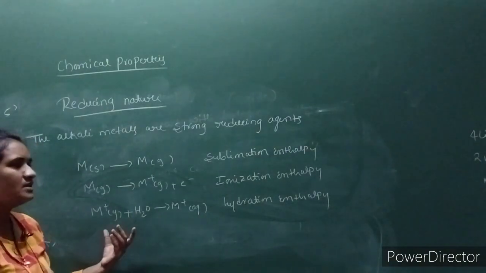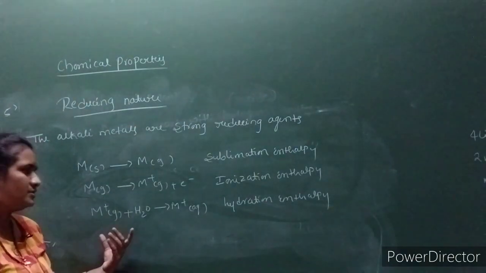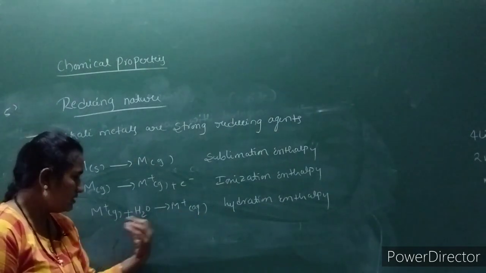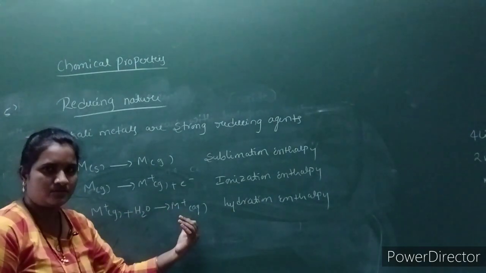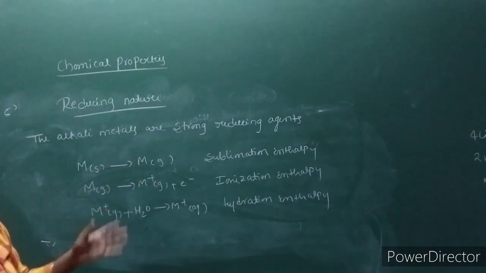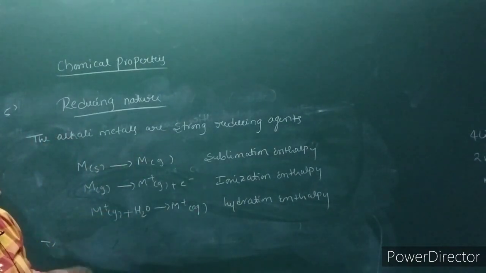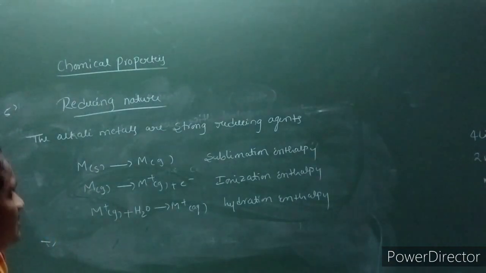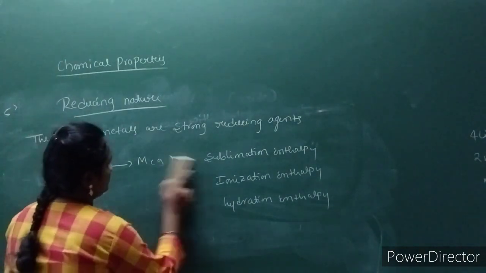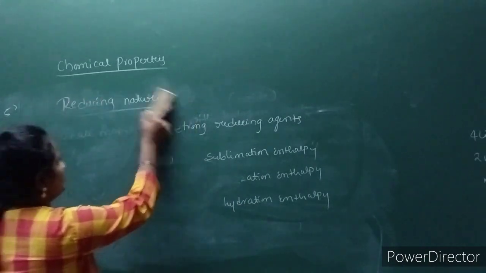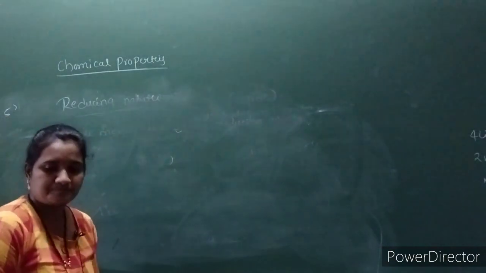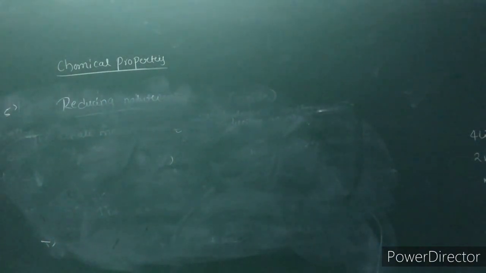Hydration enthalpy is the amount of energy released during the hydration of 1 mole of a molecule. Then the metal becomes aqueous after hydration. In this way these alkali metals show the reducing property. Lithium is the good reducing agent, and I am comparing only among alkali metals, sodium is the least reducing agent.